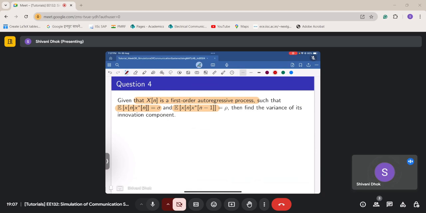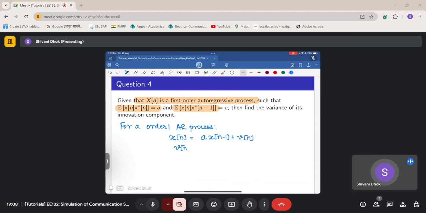So for an order 1 autoregressive process, we can write x of n as some coefficient or weight a into x of n minus 1 plus the innovation component.